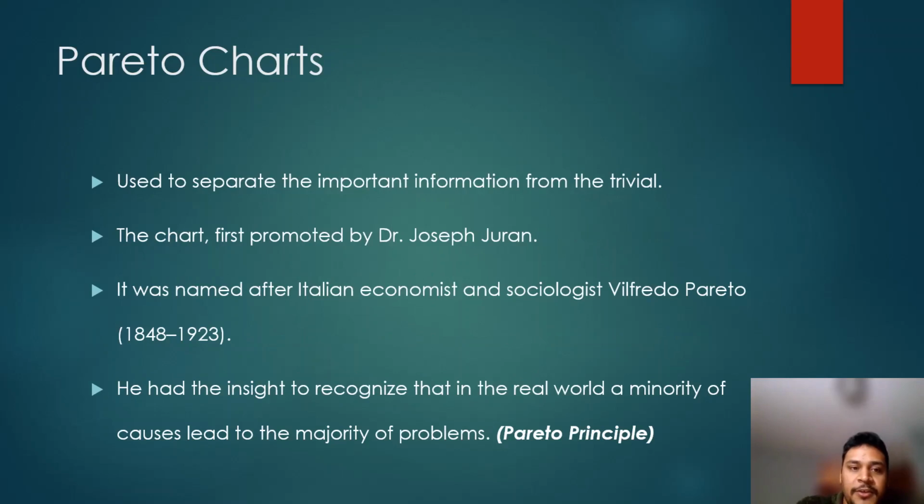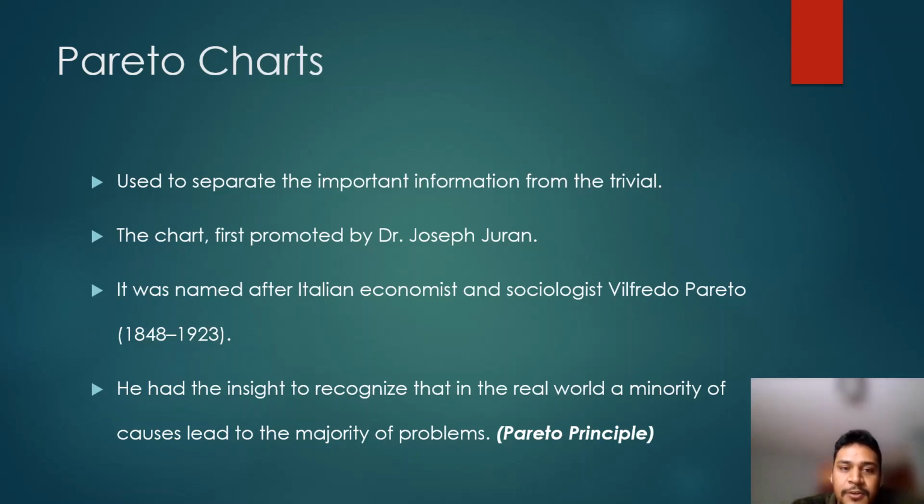While coming to Pareto charts, it is a very useful tool whenever one needs to separate important information from trivial information. The chart, first promoted by Dr. Joseph Juran, is named after an Italian economist and sociologist, Vilfredo Pareto.